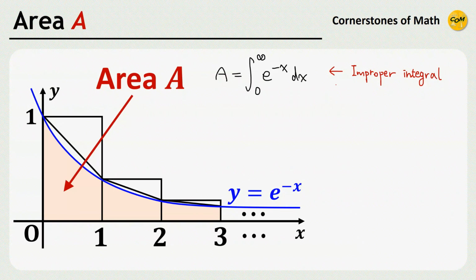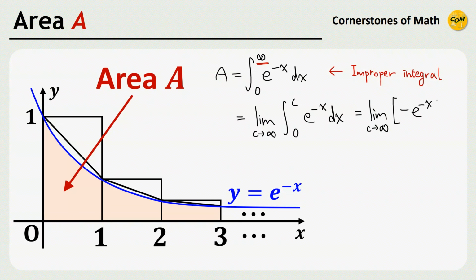This is an improper integral having infinity as the upper end of the integral, and it is calculated by the limit of the integral from 0 to c of e to the power of minus x dx, where c goes to infinity. So we have the limit, the antiderivative minus e to the power of minus x, so the limit of 1 minus 1 over e to the power of c, which gives 1.